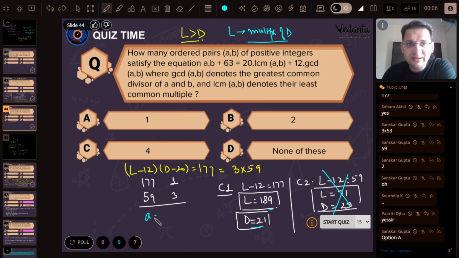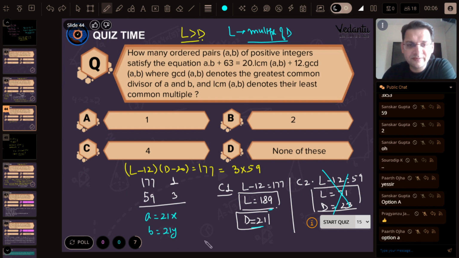So let the numbers be 21x, 21y, and the GCD of x and y is 1. LCM is going to be 21xy, which is going to be 189. This is 9. So xy is 9.